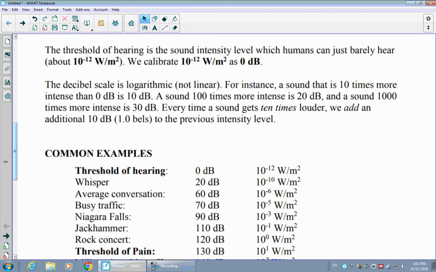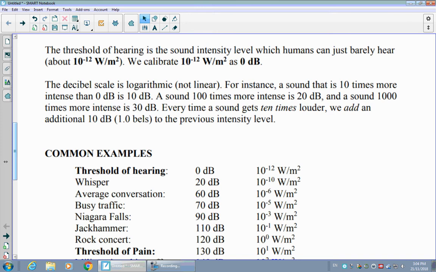And because that's the quietest sound that humans can hear, this decibel range has to do with how humans hear these sounds. And so we use that quietest possible sound and we calibrate it as 0. So we start our decibel scale at that quietest possible level. So 0 bells, which is also 0 decibels, is actually 10 to the minus 12 watts per meter squared.